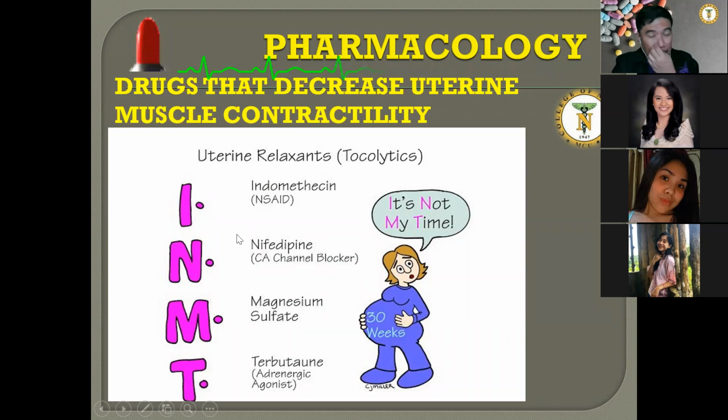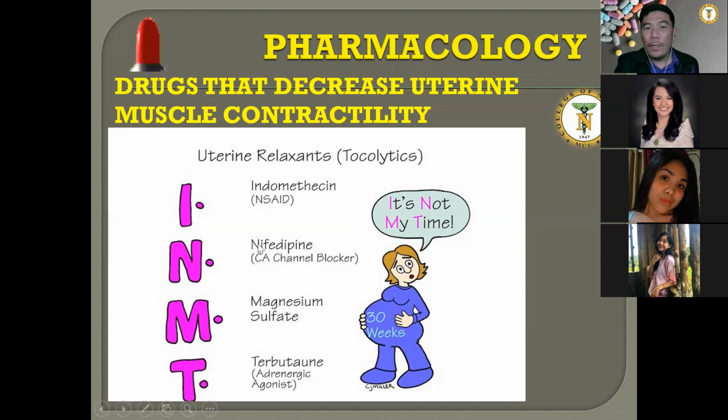So the uterine relaxants or tocolytics, aside from the ones mentioned, are what we said earlier: we have magnesium sulfate and terbutaline. It says here 30 weeks because, as we said, 20 to 37 weeks is already a preterm labor if it is identified as true preterm labor.